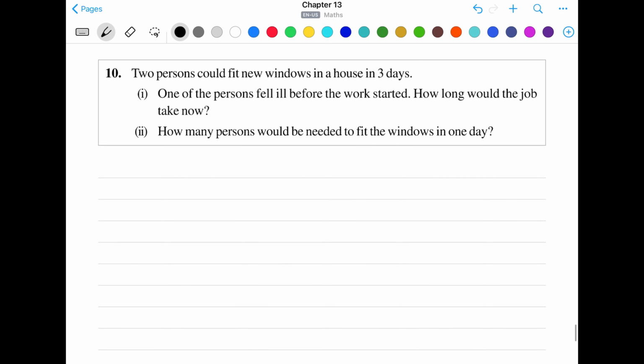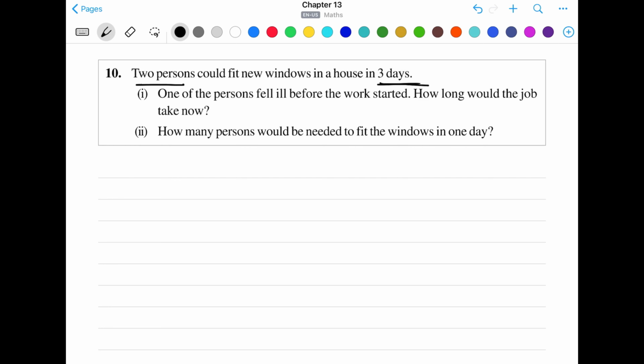Now moving to question number 10. It says 2 persons could fit a new window in a house in 3 days. So the number of persons is 2, the time taken is 3 days. Whenever we have persons working on a job in relation with time, this is the case of inverse proportion. You are asked two things here.